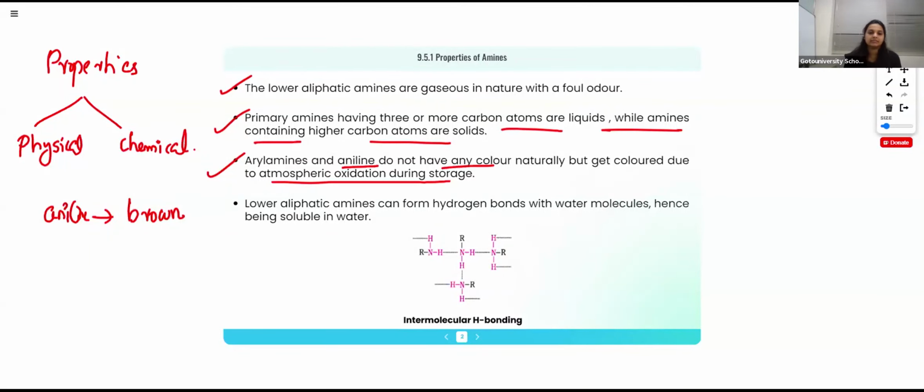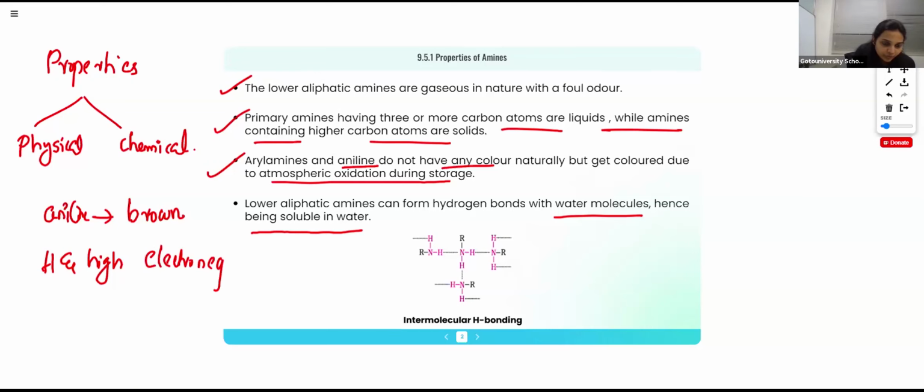Then, lower aliphatic amines can form hydrogen bonds with water molecules, hence being soluble in water. So, what is a hydrogen bond? A bond between hydrogen and a highly electronegative atom like nitrogen, oxygen, fluorine.